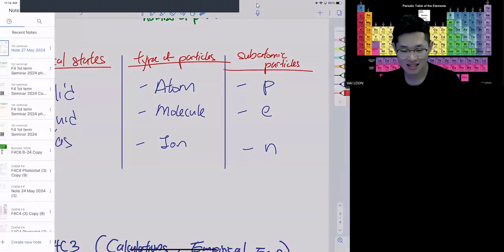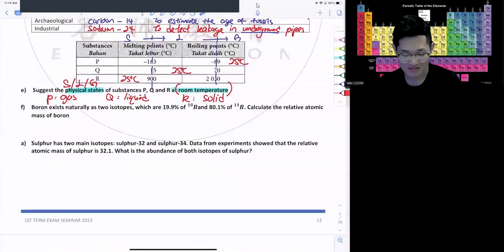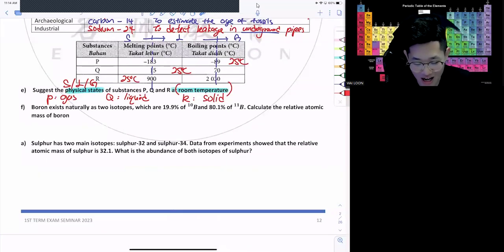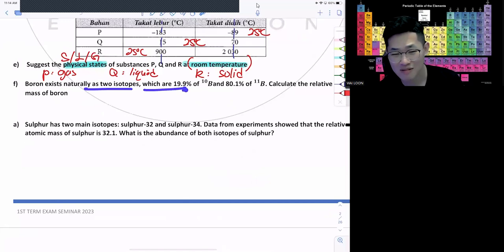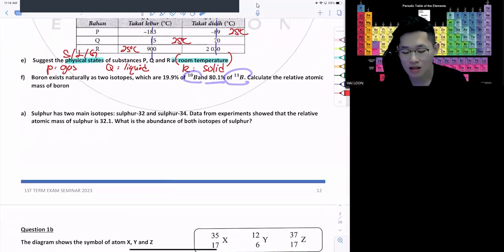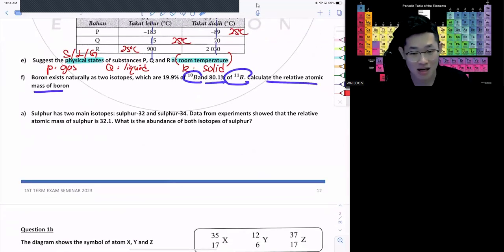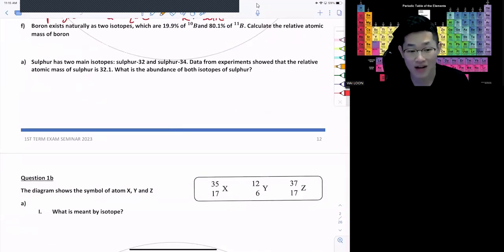Continue. Okay. We are running out of time. So boron exists naturally as two isotopes, which are 19.9% of B10 and 80.1% of B11. Calculate the relative atomic mass. This type of question is very easy to identify.